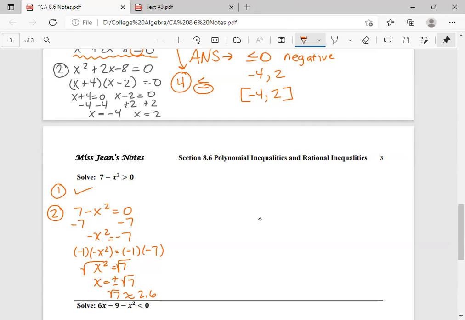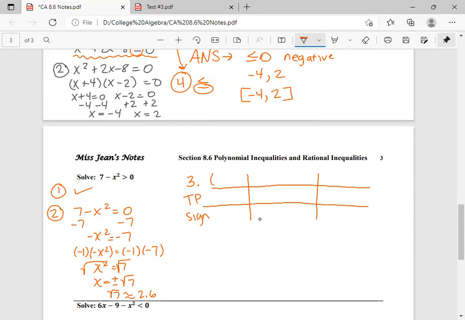You could just type the square root of 7 in your calculator, because when you're doing the interval part, you're going to have to actually pick some numbers bigger or smaller than the square root of 7. And if you don't have any idea what the square root of 7 is, you're going to have issues with that. So the next thing I'm doing is dividing this up into some intervals. I want to pick some test points, and I'm going to look at the sign.